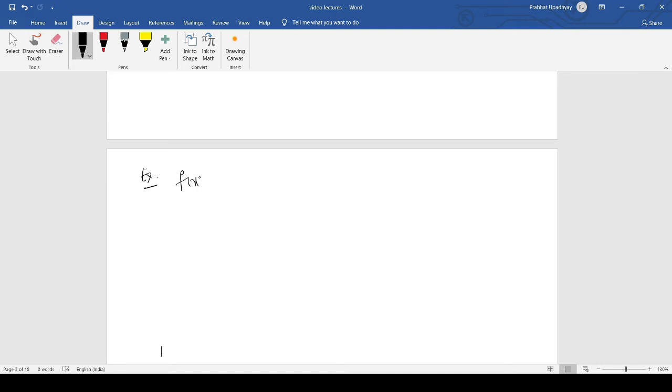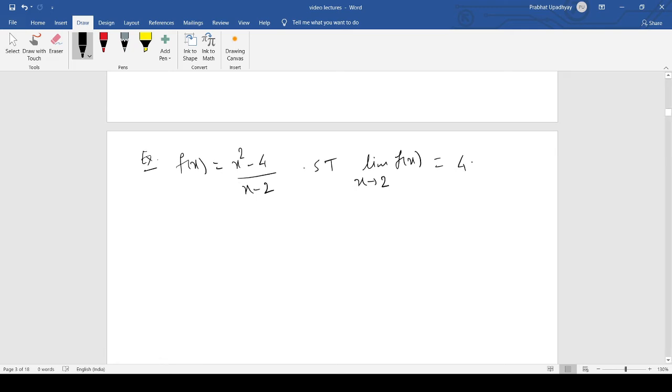Say your f of x is equal to x square minus 4 upon x minus 2, and you are asked to show that limit of f of x as x tends to 2 is equal to 4, using the epsilon delta definition.